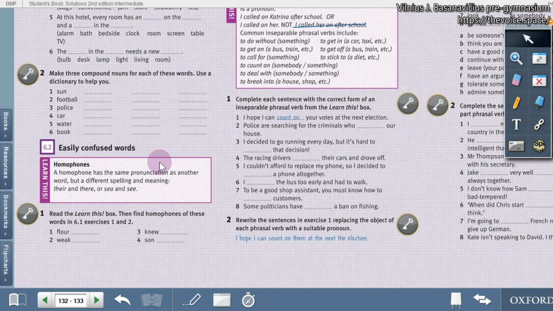Homophones. Interesting words. You might easily confuse words sometimes in English because they might have several meanings, as you know. So a homophone has the same pronunciation as another word, but a different spelling and meaning. For example, there and their, or see and sea.